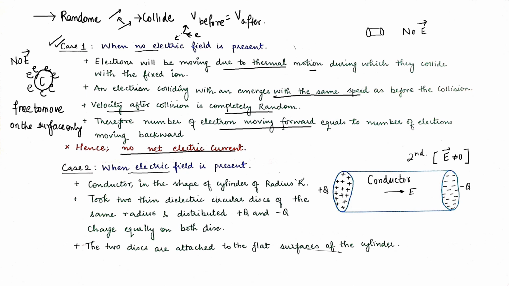Hence, the energy of the system: the velocity of an individual electron will change, which will change the energy of the individual, but the energy of the system before and after collision will remain the same.